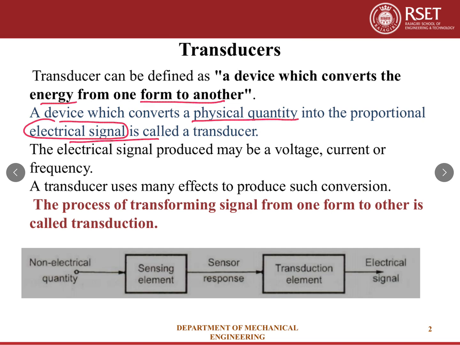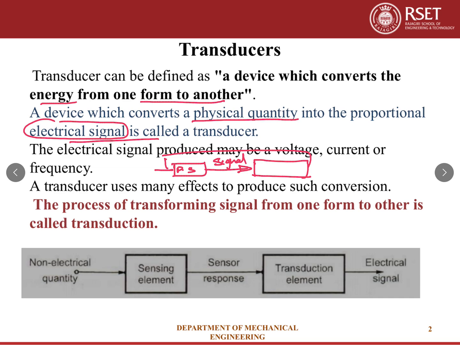In lecture number 1, we found that in a generalized measuring system, we have a primary sensing element first. It gives out a signal. It should be converted to an easily manipulated form by a primary conversion element. So here in transducers, we are doing that conversion.